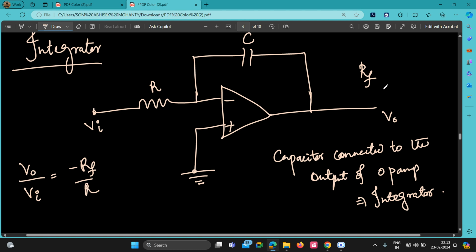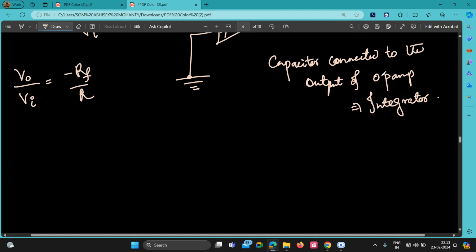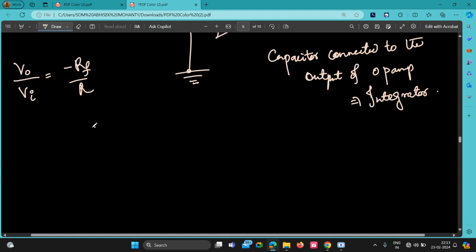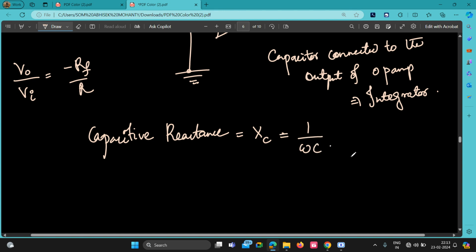But that doesn't mean that capacitance doesn't have resistance. Capacitance has resistance. What is the resistance of capacitance called? Capacitive reactance, isn't it? And we denote it by Xc, which is 1 by omega C, isn't it? Is it alright?